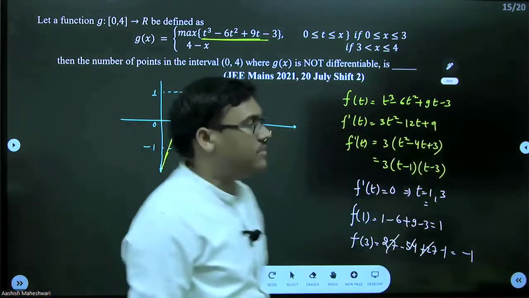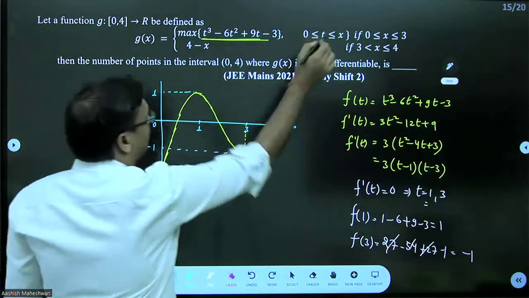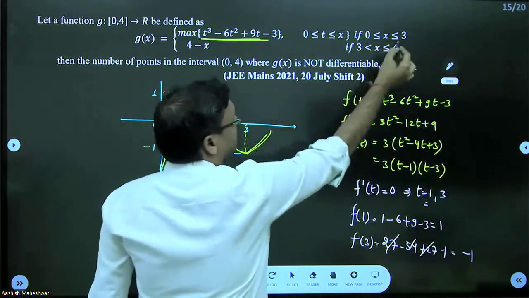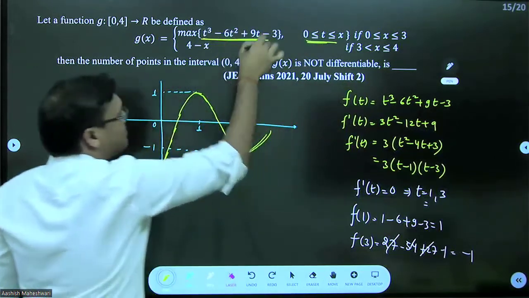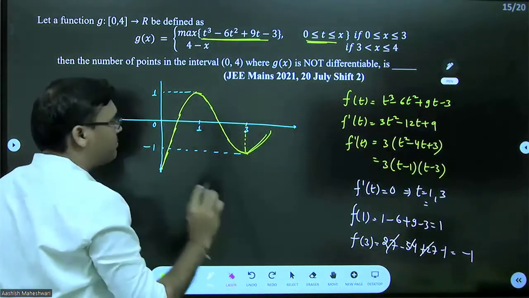Now understand this. What we are saying here is, if x is between 0 and 3 and t is varying from 0 to x, what is the maximum value of this? For example, this is the graph of y equal to f(x).